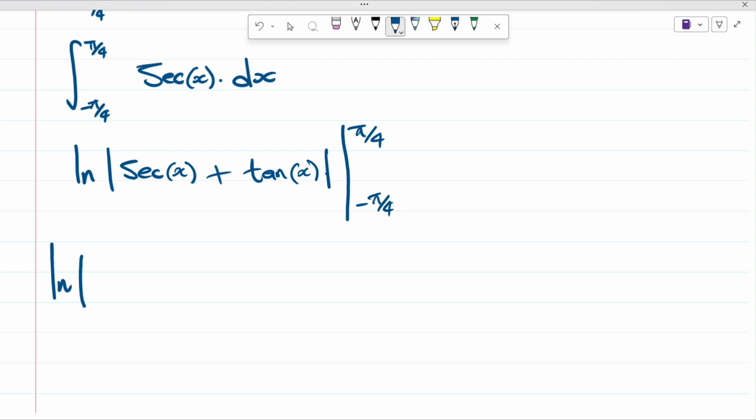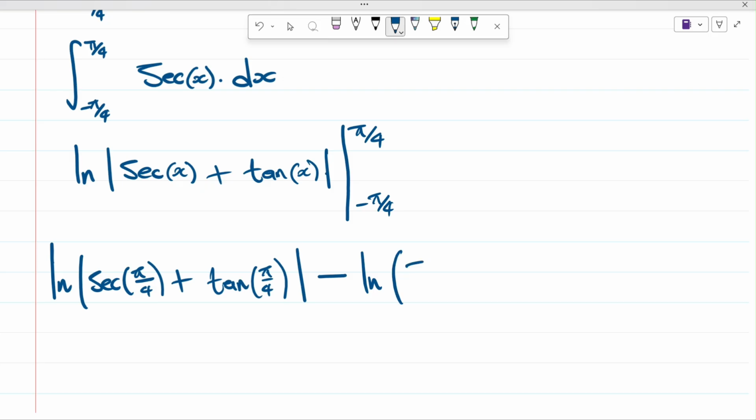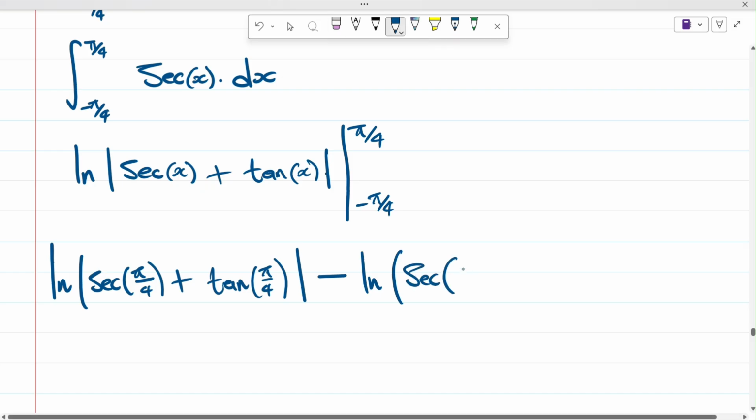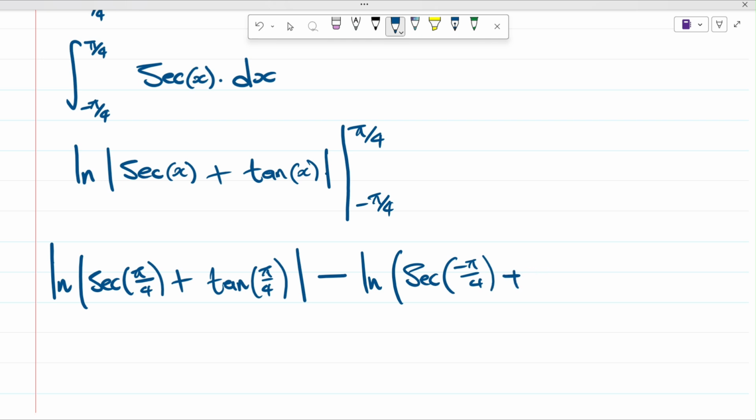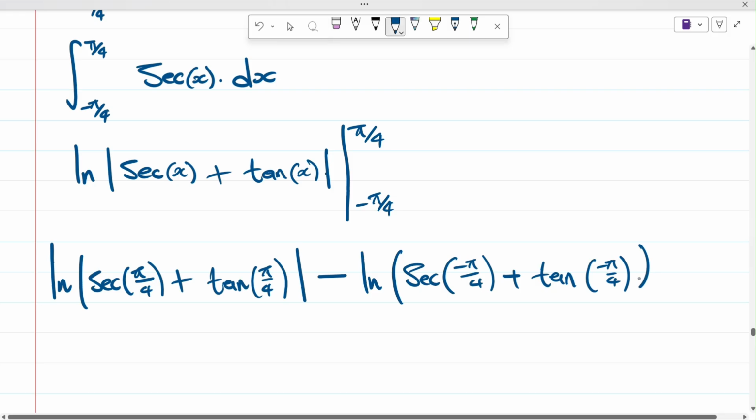This is going to be the natural log of sec pi over 4 plus tan pi over 4, minus the natural log of sec negative pi over 4 plus tan negative pi over 4. Then you close.